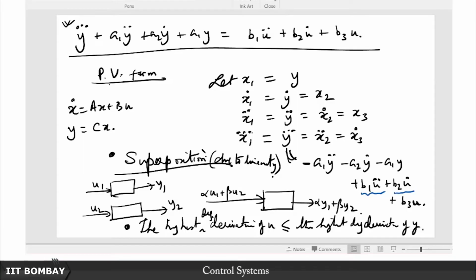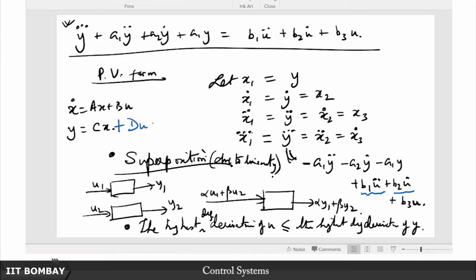Because we are always going to deal with at most strictly proper systems, we do not deal with improper systems. We have already said that so many times in the light of transfer functions. That is the reason why when we had 3 derivatives here I chose 2 here. I could have gone for 3, and in that case also you would see that this description would be inadequate, we would have to add some term like du, but again I will withhold that explanation for later, maybe in this lecture itself, but not now.